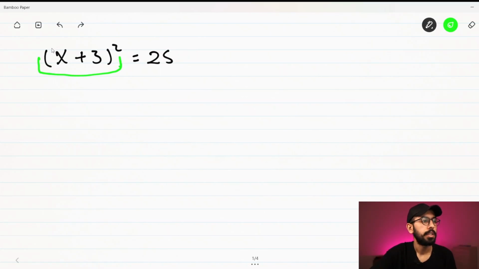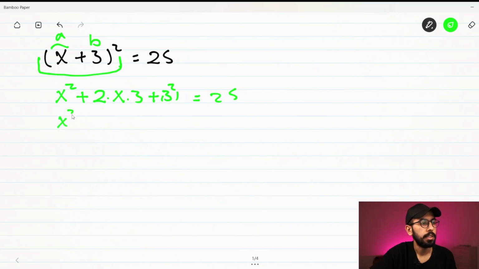The rule says this is our A and here is our B. So we will need to square our A, and then we put plus, and then we will multiply our A and B with 2, which means 2 times x times 3, and then we will put a plus here, and we will then square our B, which is 3 squared, and all of them equal 25.